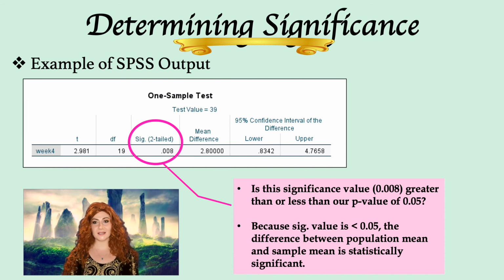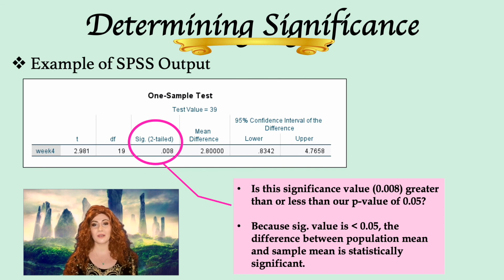So here you can see that the significance value is 0.008. So you ask yourself, is 0.008 greater than or less than our p error value of 0.05? Surprisingly, we make very simple mistakes when we are comparing decimals, but please make sure that you pay attention that 0.008 has 2 zeros before the 8 and 0.05 has only 1.